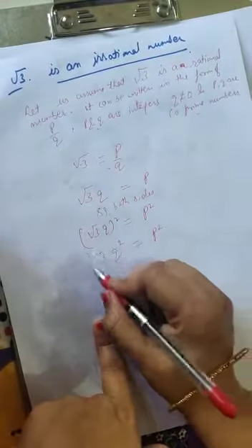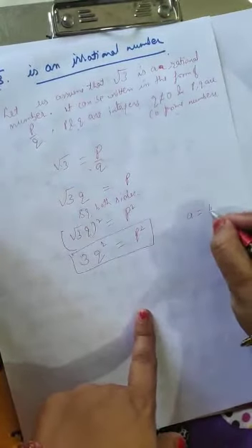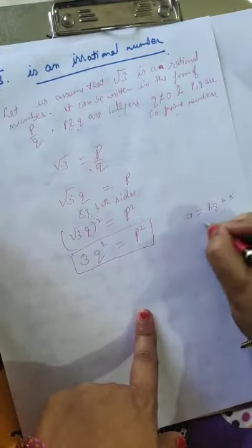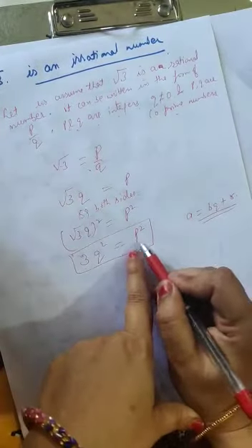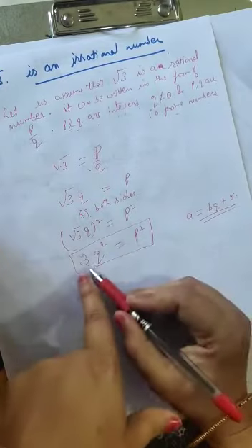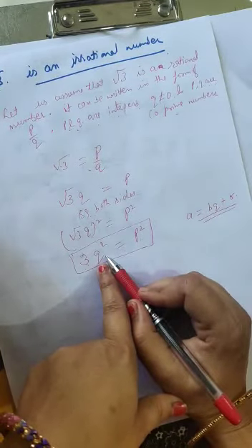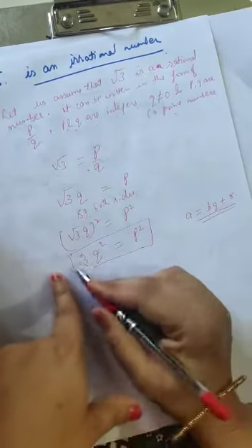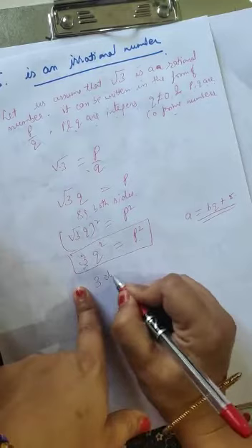Now compare this form with Euclid division lemma, a is equal to bq plus r. Here p square is equal to 3 into q square, means p square is dividend, 3 is divisor, q square is quotient, and here r is 0. It means 3 divides p square.